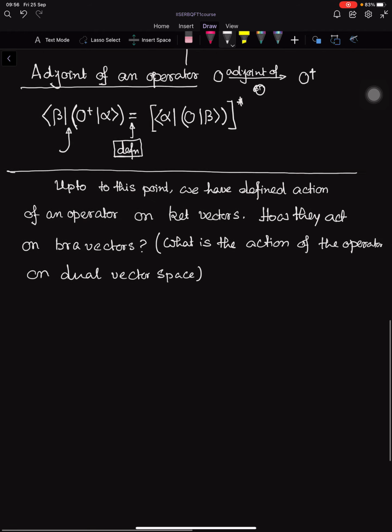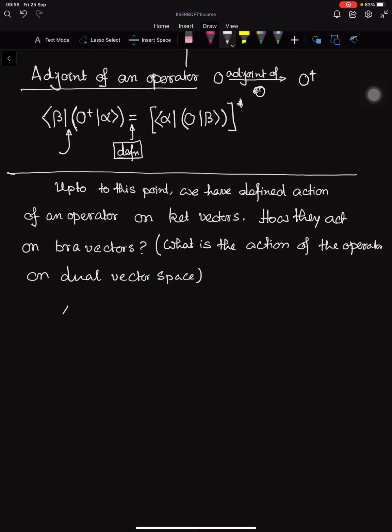The way it is defined is that, say there is a bra vector beta acting on O, you define it again using the definition. Here we have to make a distinction actually. The definition is first defined for linear operators.